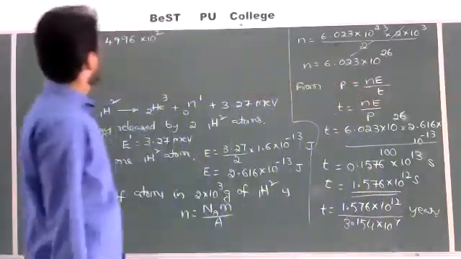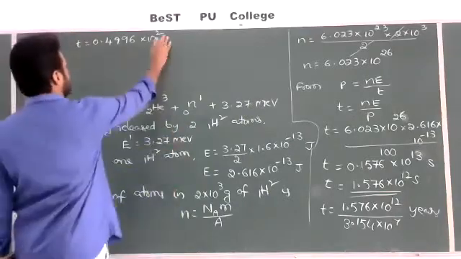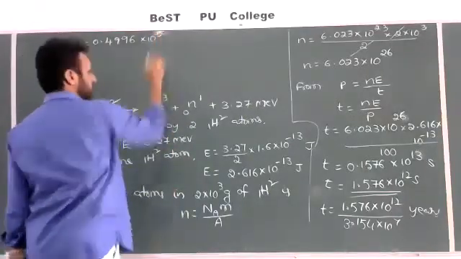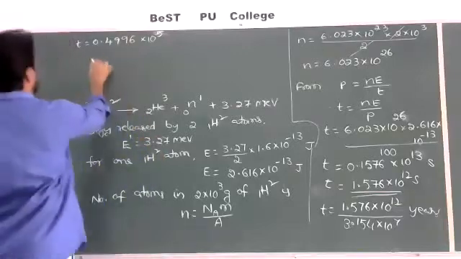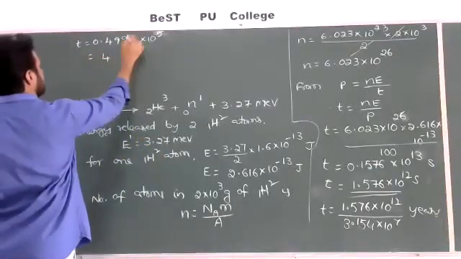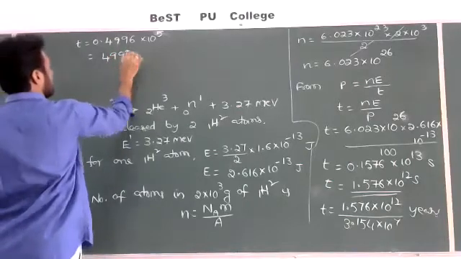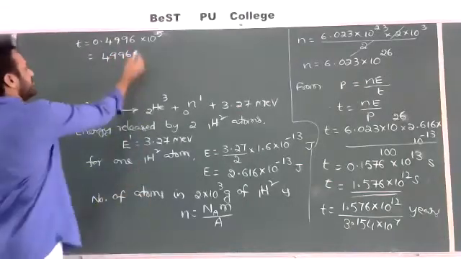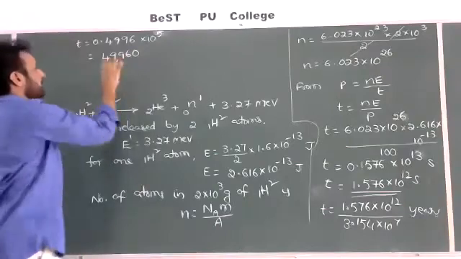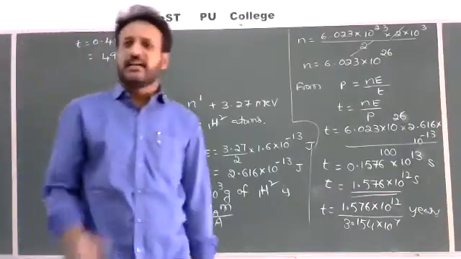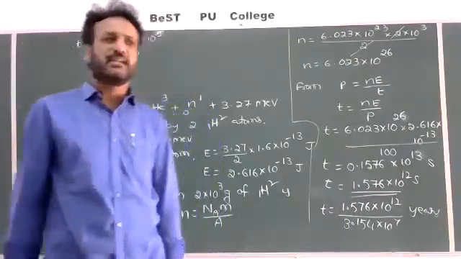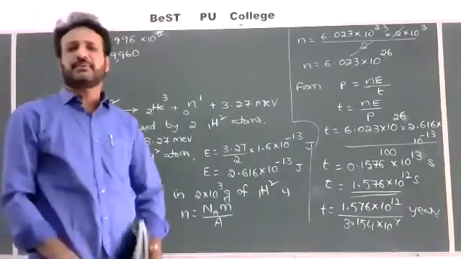So here you should write 10 to the power of 5. Then you should write 4, 9, next value, 9, 6, 0. Then check here: 49,960 years, approximately 50,000 years the bulb can glow.